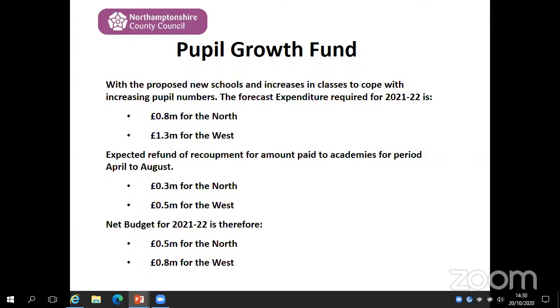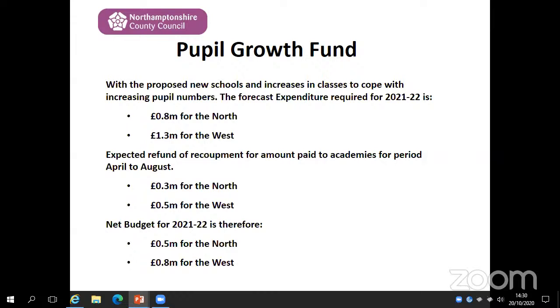The total current budget for the Pupil Growth Fund is £1.687 million. As Beth has touched on earlier, we recoup some of that funding that goes to academies for the first part of each financial year, which means in effect that the actual budget is more like £2.4 million.